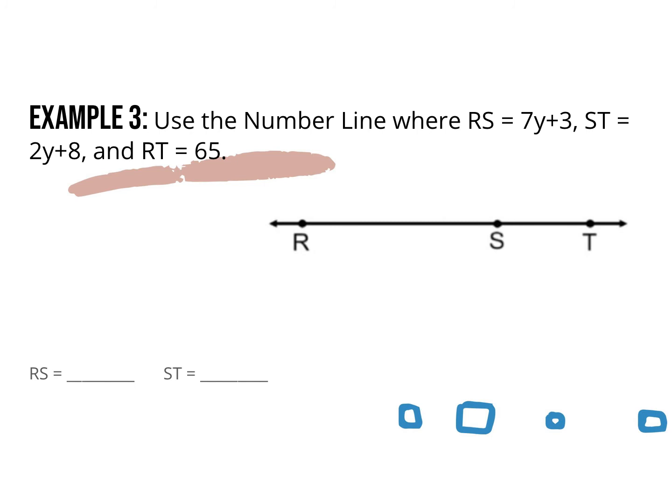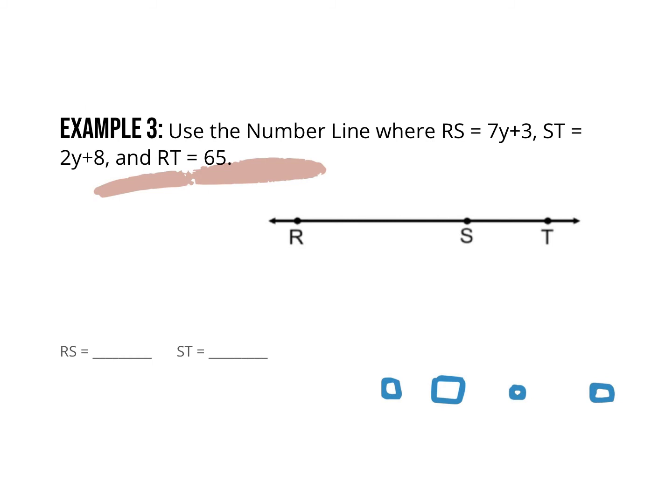Lastly, we're going to look at a situation where, again, we're just given values. RS is 7y plus 3, so I labeled that. ST, which is this piece, is 2y plus 8.